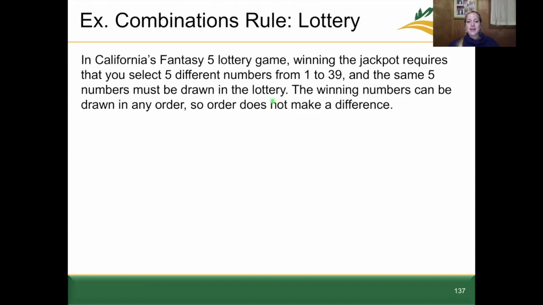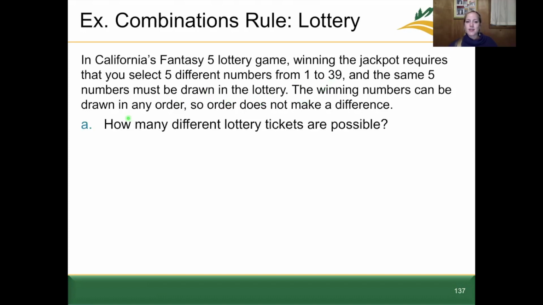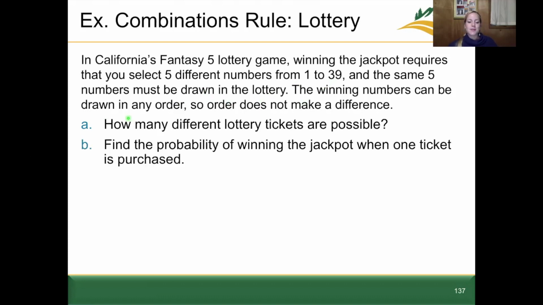But keep in mind, you won't always be told which rule you need to apply in future problems. So look out for wording like this. So because the winning numbers can be drawn in any order, we can answer using the combinations formula how many different lottery tickets are possible and find the probability of winning the jackpot when 1 ticket is purchased.